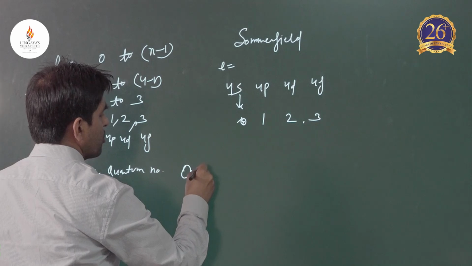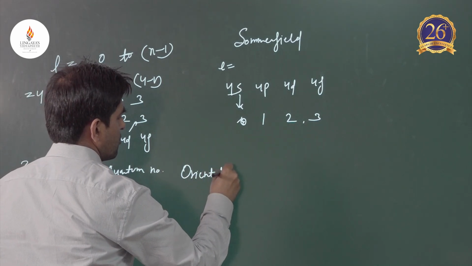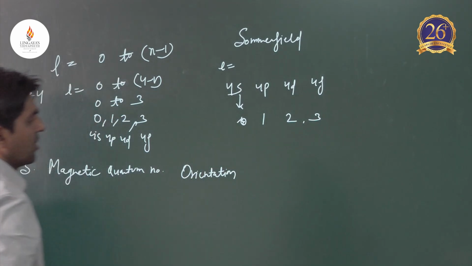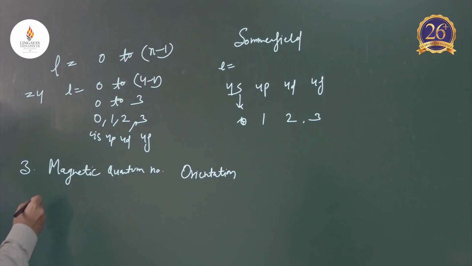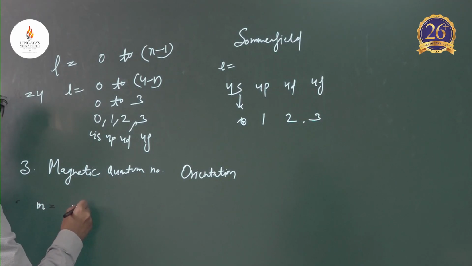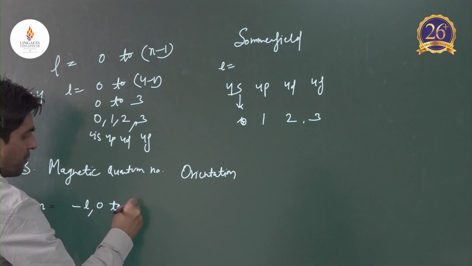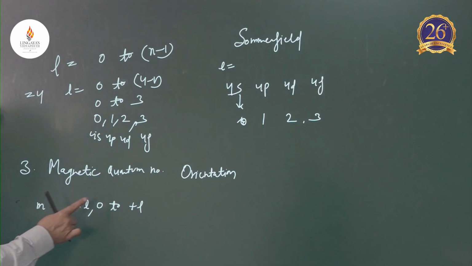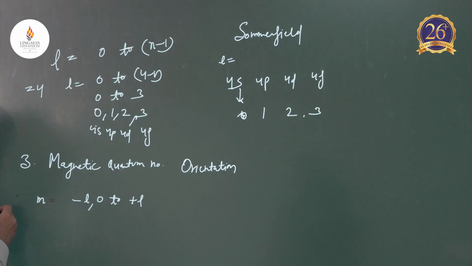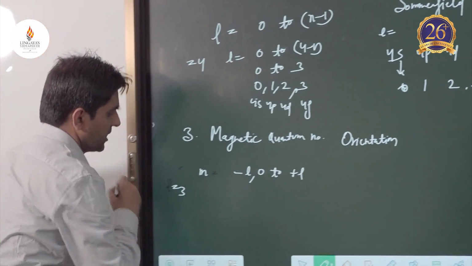What is the orientation of the electron? And the value of m for any value of L can be calculated by minus L, 0 to plus L. Suppose value of L equal to 3.